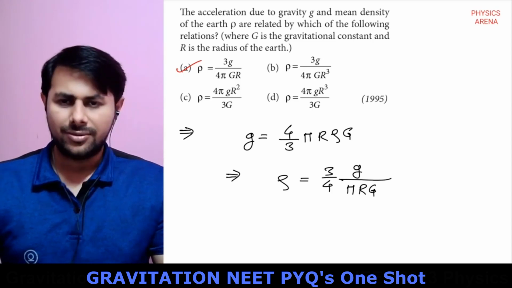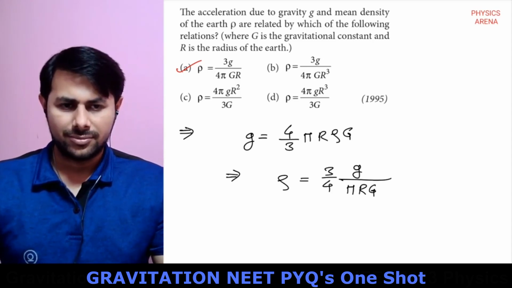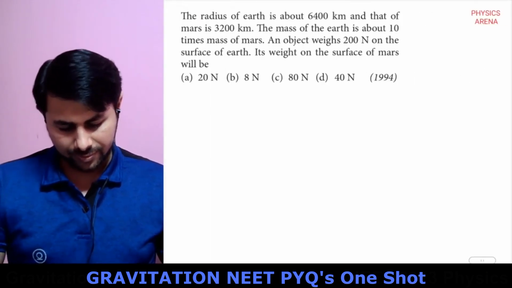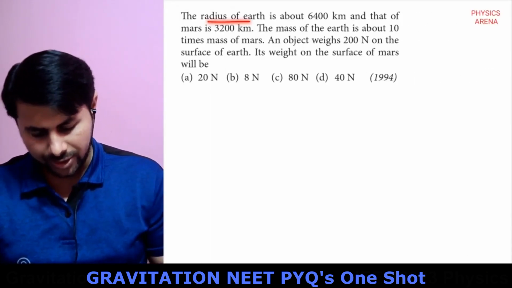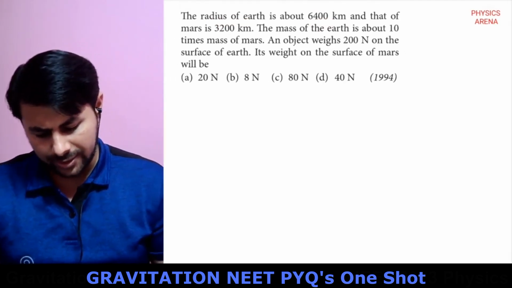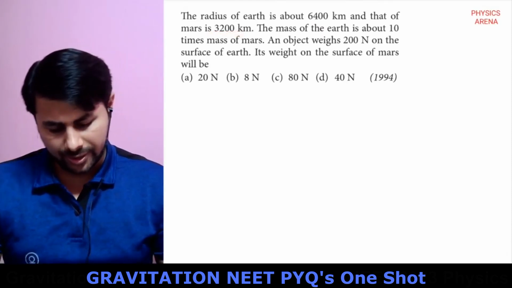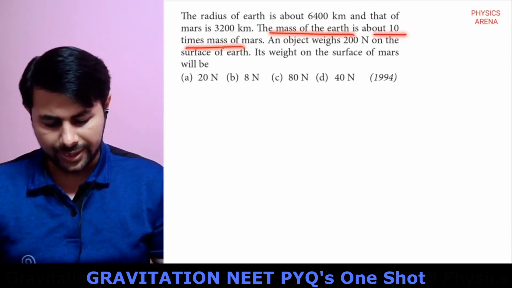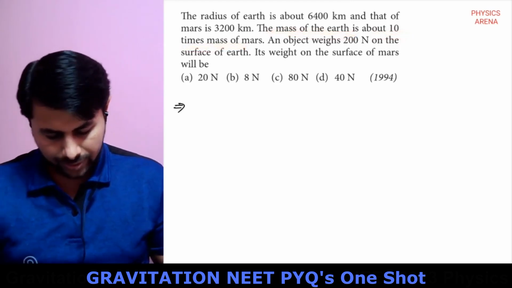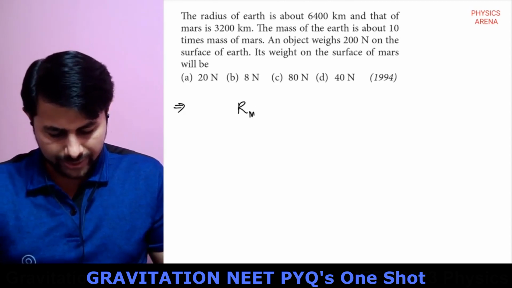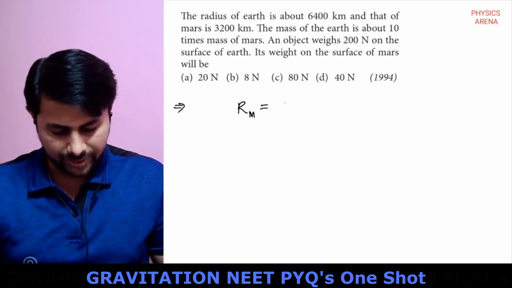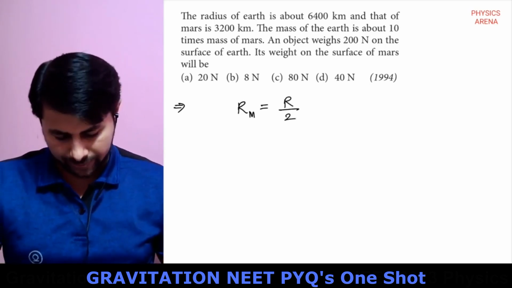Okay, this is straightforward. All right, next question. Radius of Earth is about 6,400 kilometers and that of Mars is 3,200 kilometers. The mass of Earth is about 10 times the mass of Mars. So the radius of Mars is half of the radius of Earth, r upon 2 we can say.